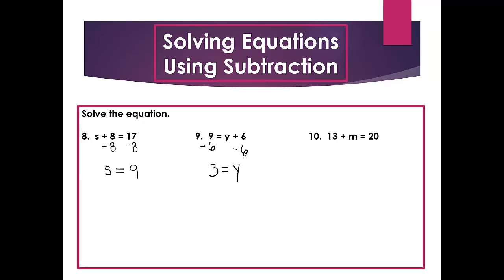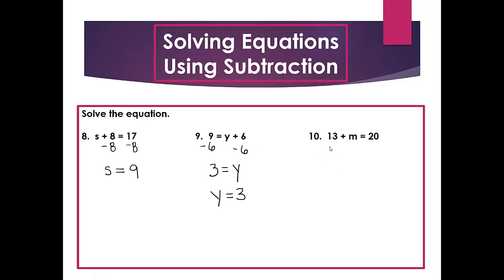Plus 6 minus 6 will undo each other, so we just have y. If you want to rewrite this, you can rewrite this as y equals 3. Now we can take this 3 and put it back into our equation, and we have 9 equals 3 plus 6, and 3 plus 6 does equal 9.